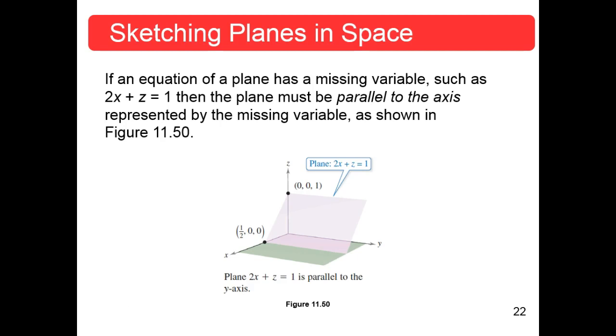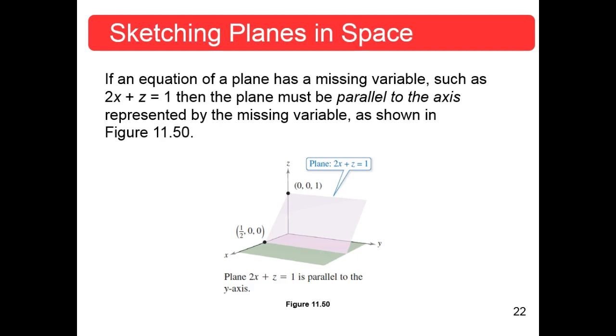Then the plane must be parallel to the axis represented by the missing variable. It's a weird way to say it. The plane must be parallel to the axis represented by the missing variable. Okay? It's parallel to the y-axis. That is just a strange way to say that the plane is parallel to the y-axis.